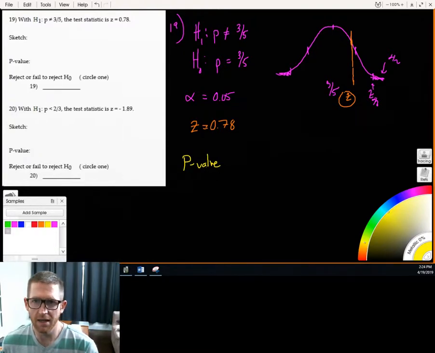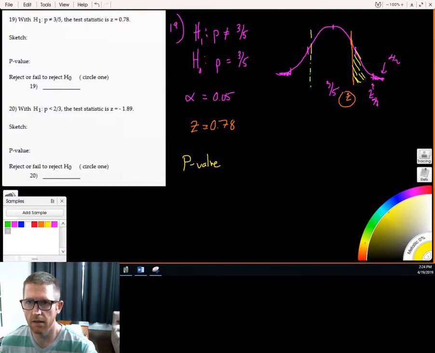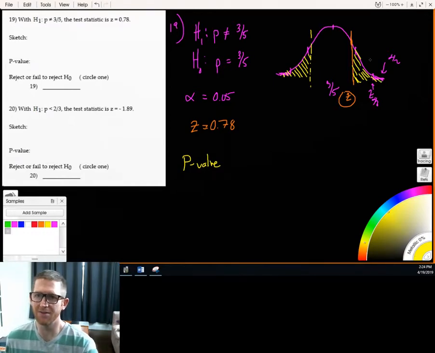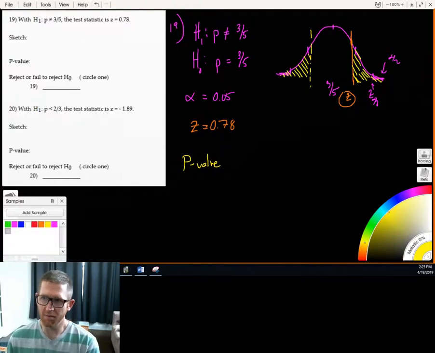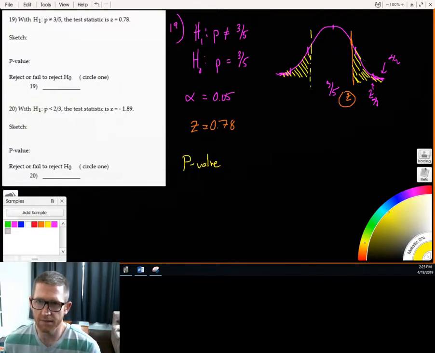Well, the p-value in a two-directional test would technically be the area shaded yellow. It's technically twice the area beyond Z, because you have to think about it as a two-directional test. So we can find the area beyond Z here, and then calculate the p-value.